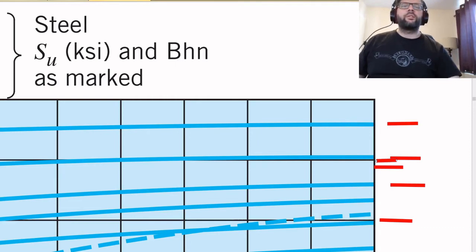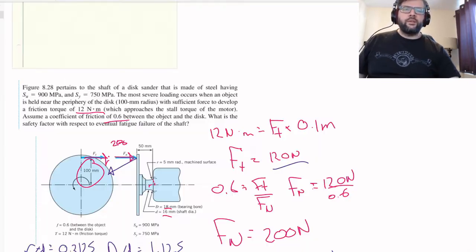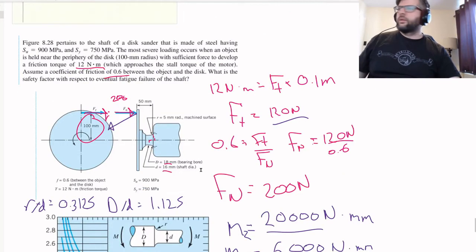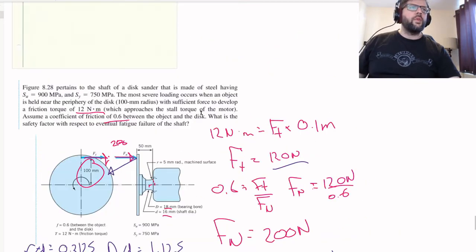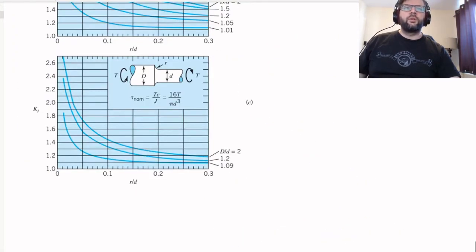Yeah, 0.88 sounds reasonable. Maybe 0.89. I think that's a reasonable one. So I'm just going to put that down here. Q for bending and axial is equal to 0.89.